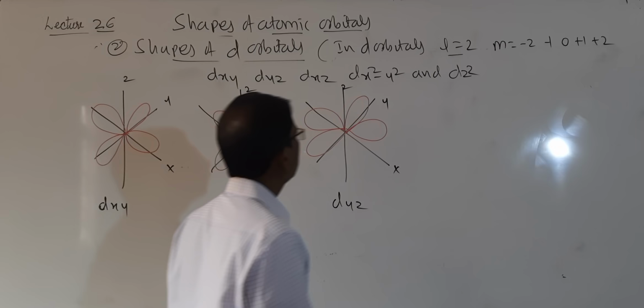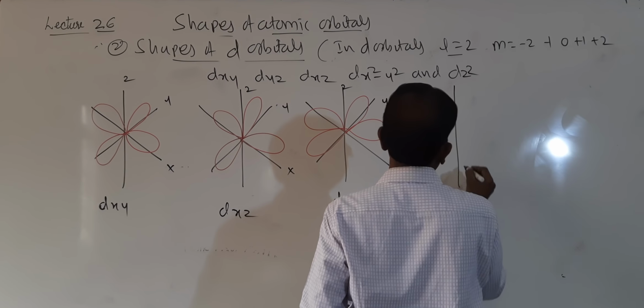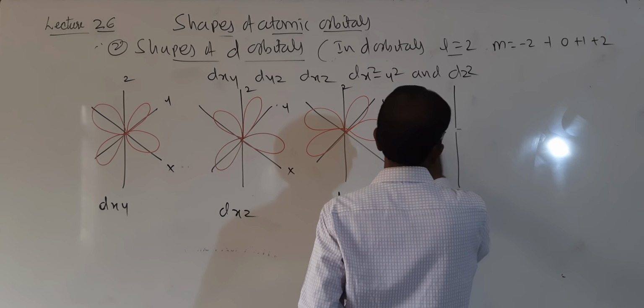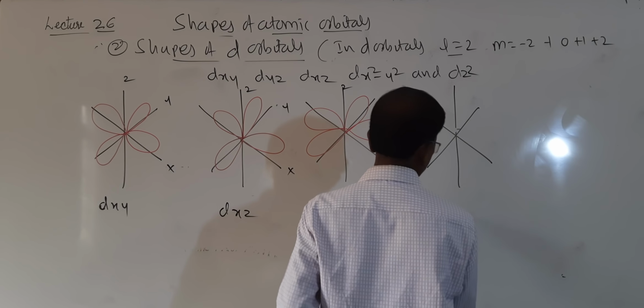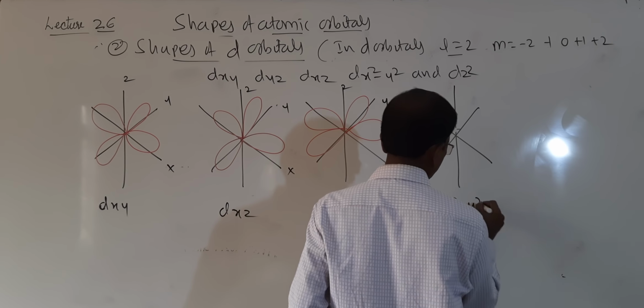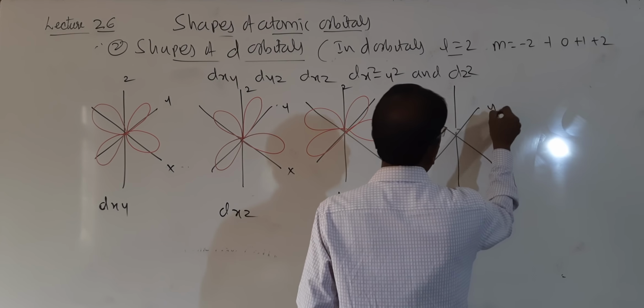Like this, and then dx square minus y square, x, y, z.